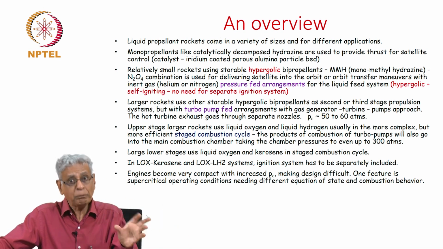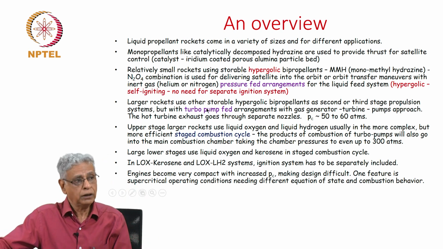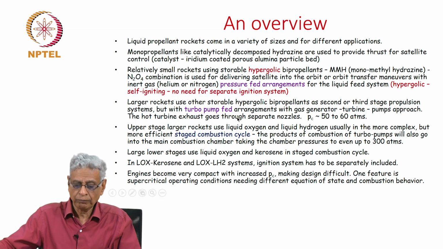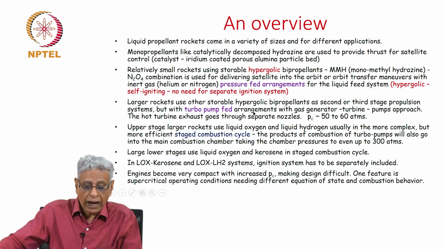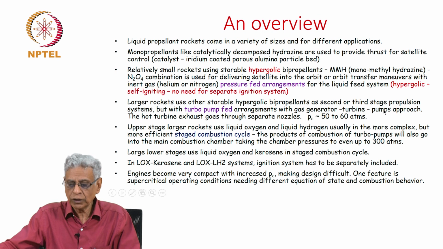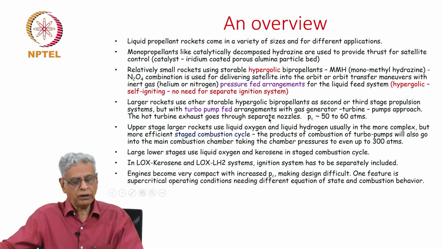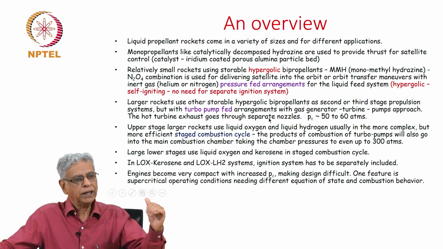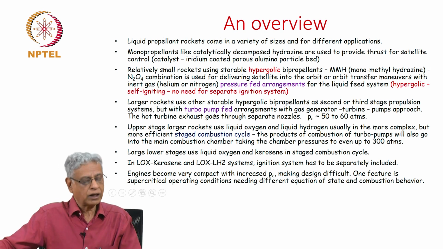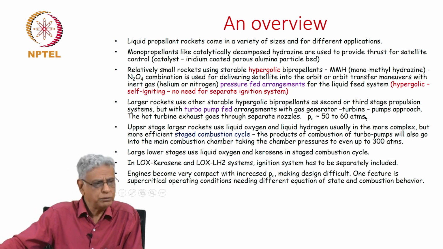That means the total impulse delivered by these engines is much larger than these, and in these cases you need turbopump fed systems to reduce the weight and the size of the system. And then they also use a gas generator turbine essentially to pump the fluids to higher pressures, and the hot turbine exhaust goes through separate nozzles. This is one form in which the engines are constructed. Chamber pressure is typically 50 to 60 atmospheres.